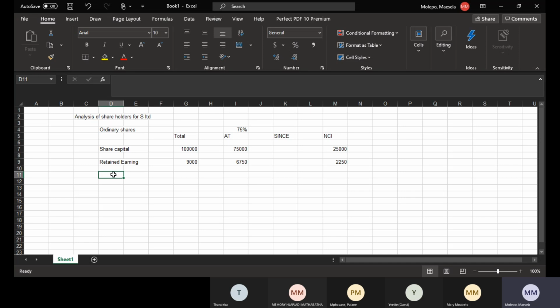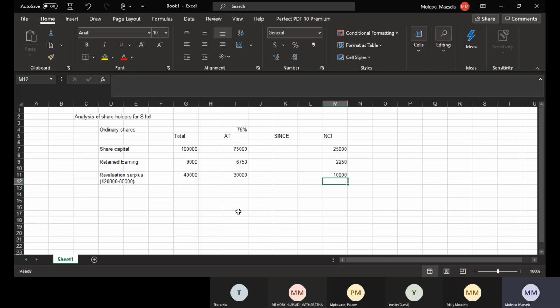It was 80,000. So the revaluation of land is the 120 minus 80,000, because initially it was valued at 80,000. So we have a revaluation surplus of 40,000, and then 75% of it should be 30,000, and the balance of 10,000 will constitute the NCI.